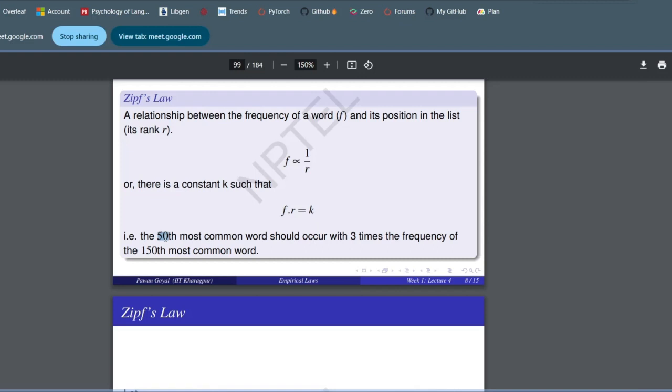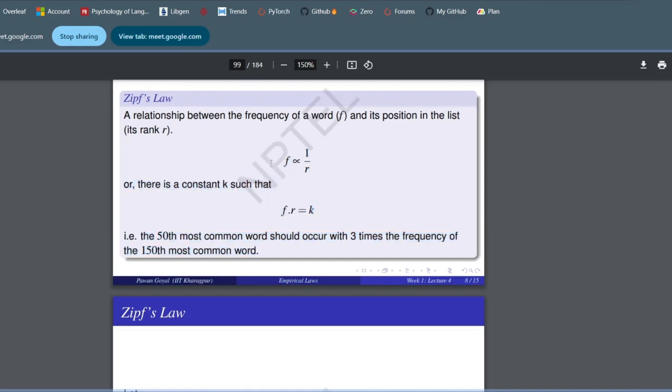One thing to remember is that when a word has a higher rank, it would have a lower frequency. I'm saying that for intuition purposes. To give a more mathematical statement, here we can see that f into r is a constant. Why is that? Because Zipf's law says that the frequency and the rank are inversely proportional.